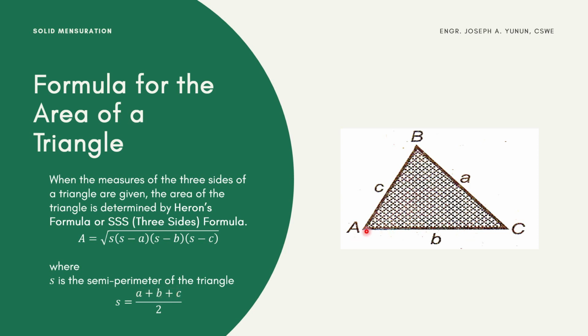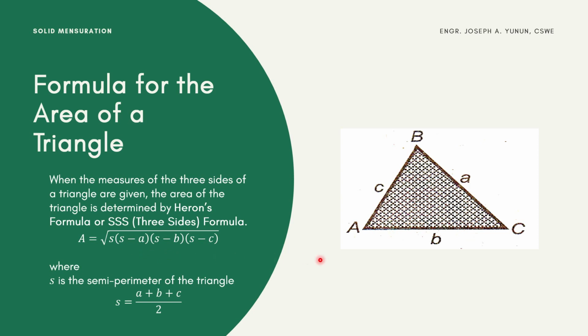Take note that when you draw triangles, the angles are represented by capital letters: angles A, B, and C. The opposite sides of the angles are the sides which correspond to them: side A is opposite of angle A, side B is opposite of angle B, and similarly side C is opposite of angle C.